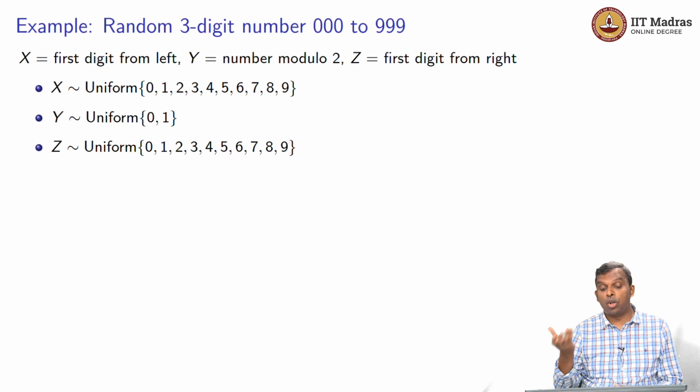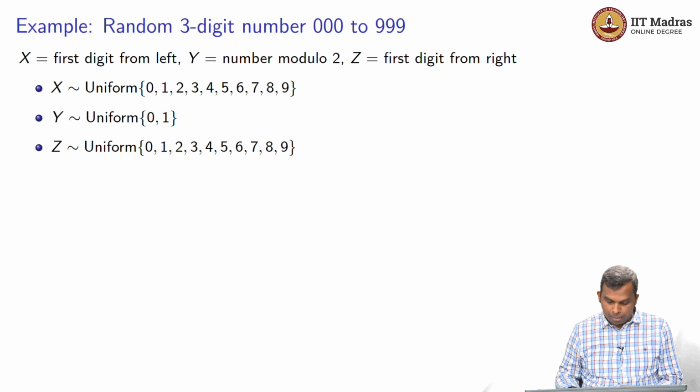Y is the number modulo 2, so it's 0 or 1. If the number itself is even, then Y is 0. If the number is odd, Y is 1. And then Z is the first digit from the right, the units place digit. We saw that the marginal distributions are all uniform here: X is uniform from 0 to 9, Y is uniform 0 to 1, and Z is uniform 0 to 9.